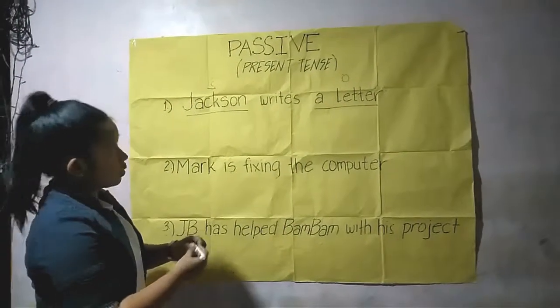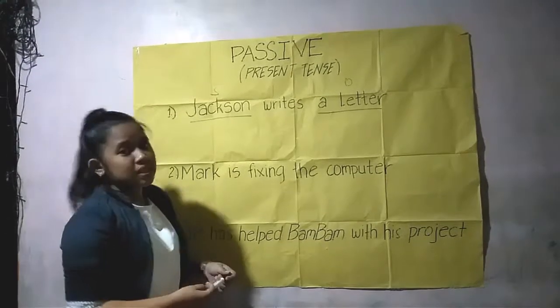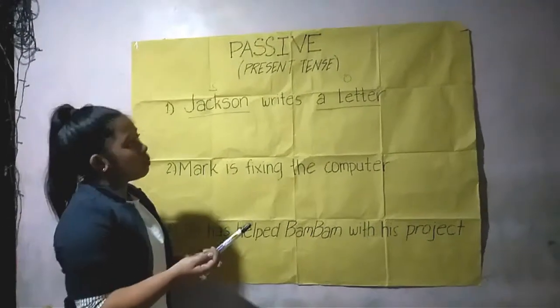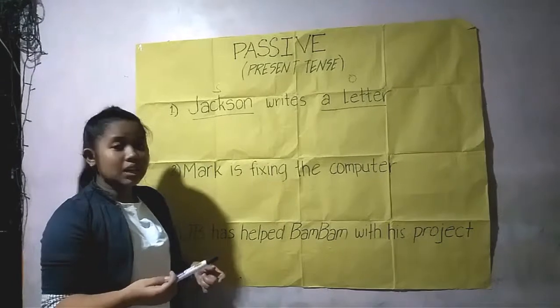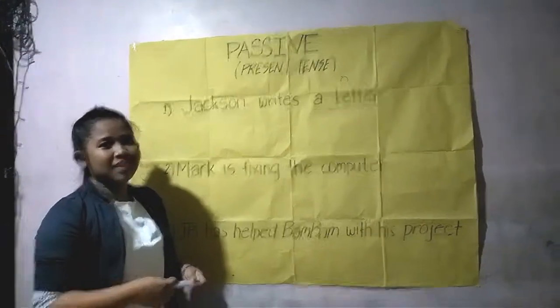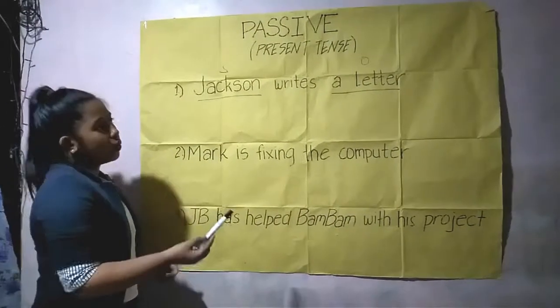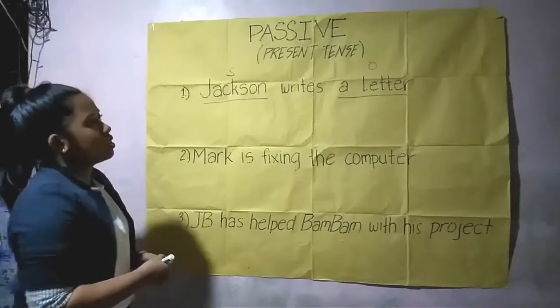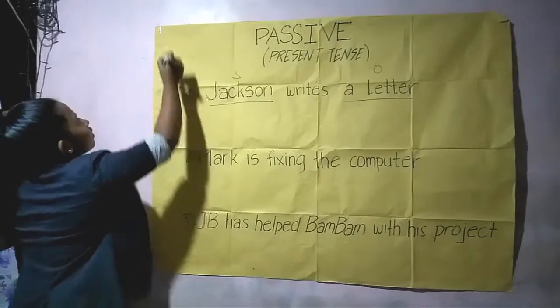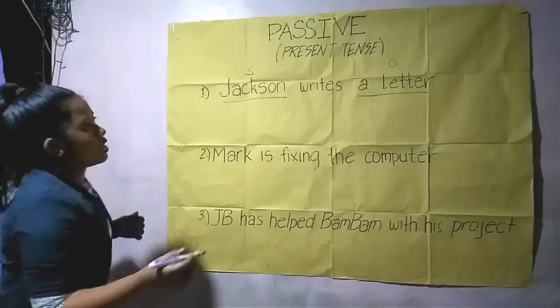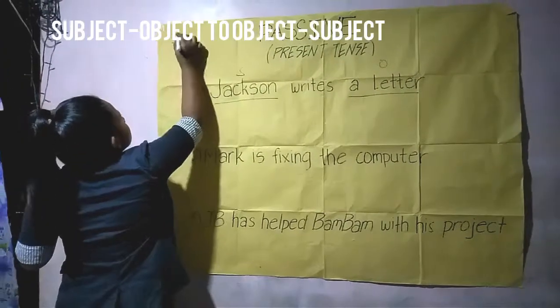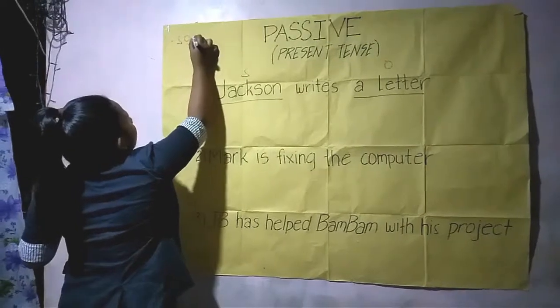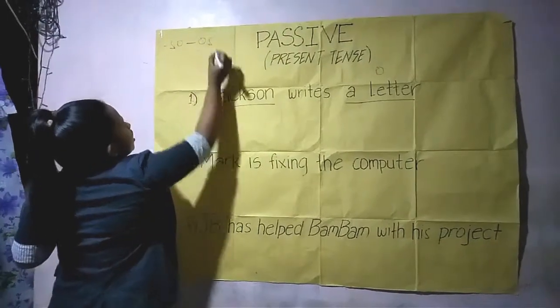So, in creating a passive voice, we will use some keys or rules to achieve the passive voice. The first rule is subject to object, object to subject.